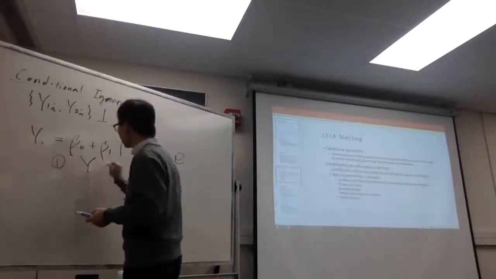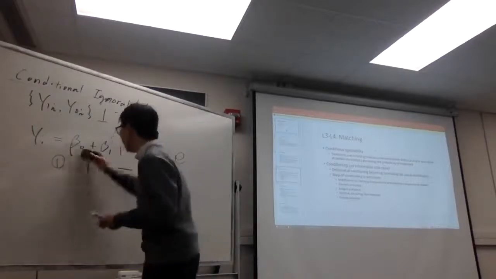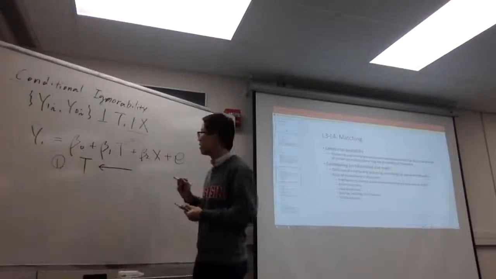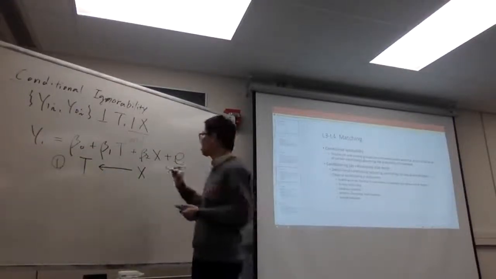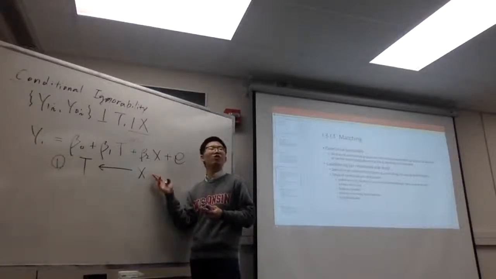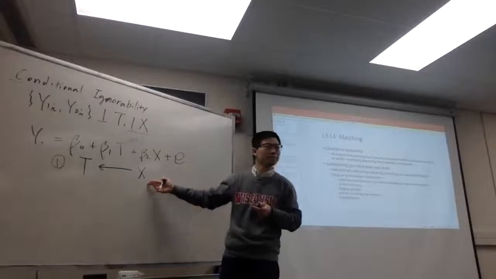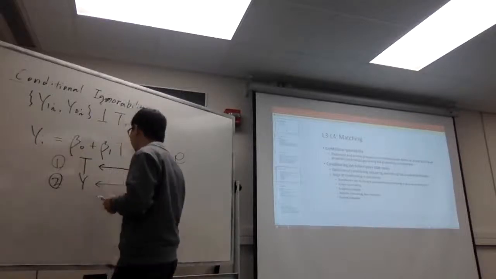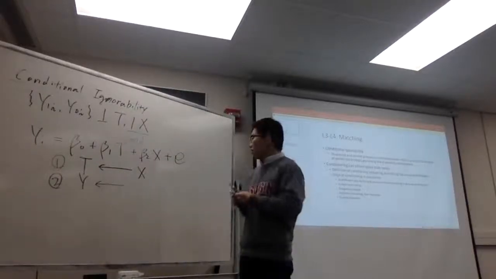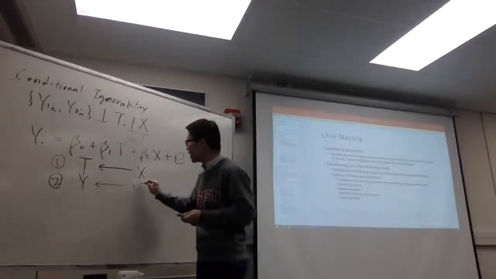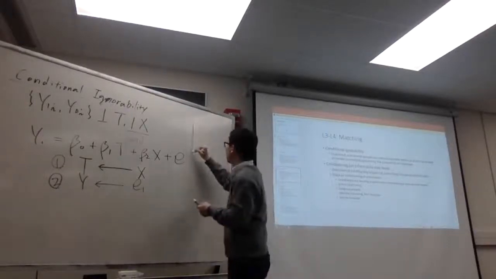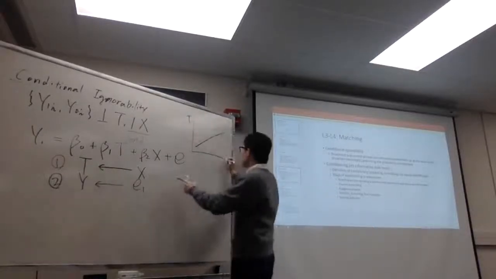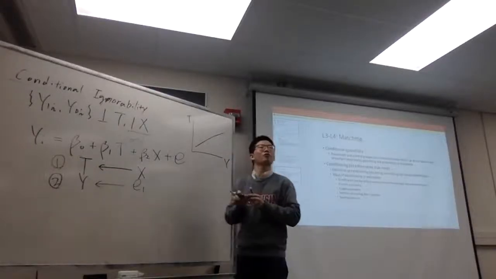The first one is to regress the treatment on X, the covariates that you want to control for. And the second step is to regress Y on E1, where E1 is the residuals from the first regression.